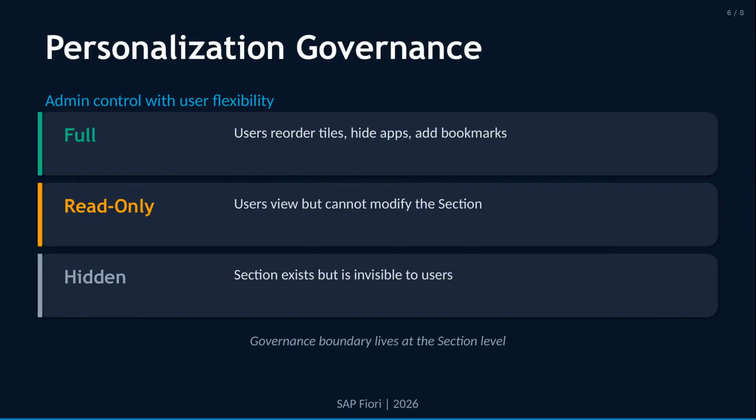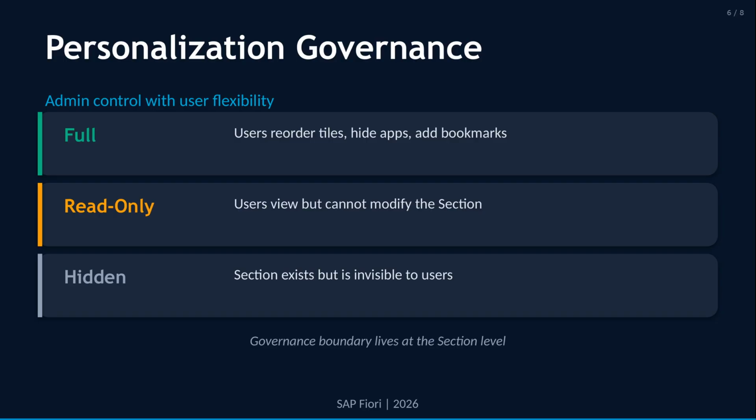One of the biggest improvements is the structure. In the old world, users could rearrange tiles freely, and admins had no way to enforce a baseline. Spaces and Pages introduce a clear boundary. Admins lock the structure: which spaces appear, which pages exist, which sections are visible.